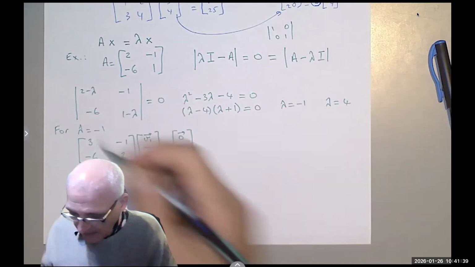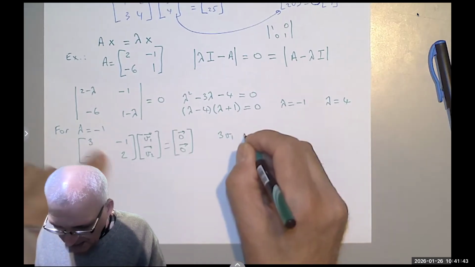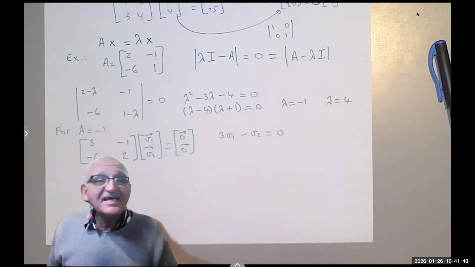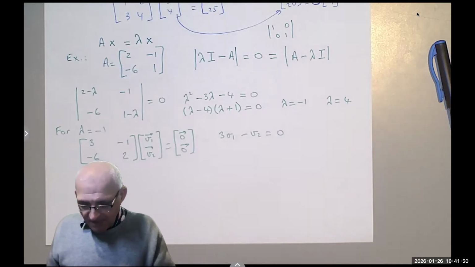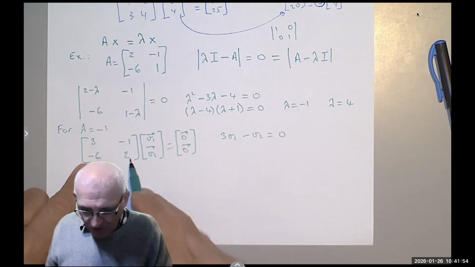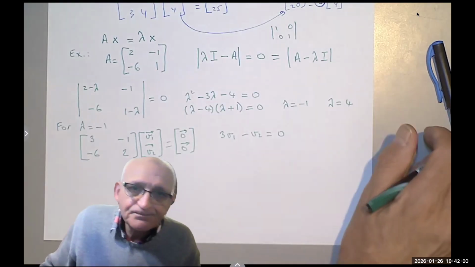Very simple multiplication. You say 3 times V1 minus V2 equals 0. Notice that the second equation is the same, meaning if I divide this equation by -2, the -6 becomes 3, and the 2 becomes -1. So this is the equation that I have.